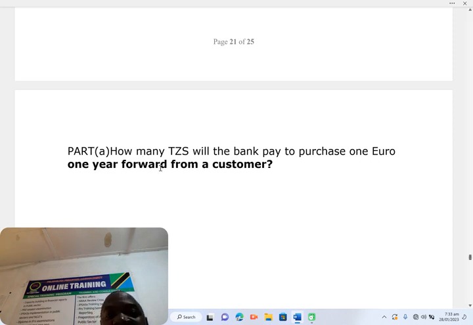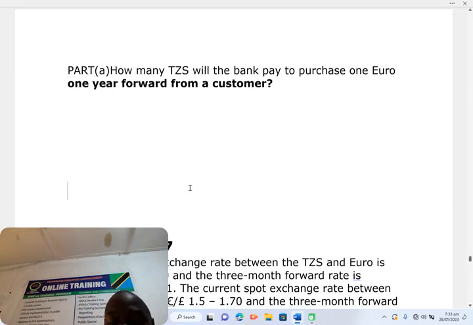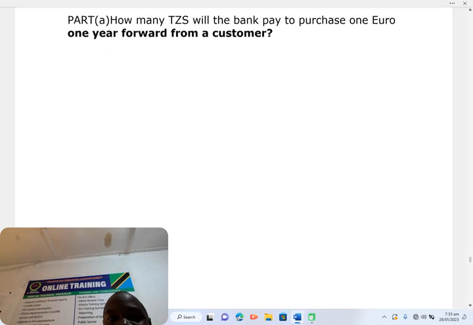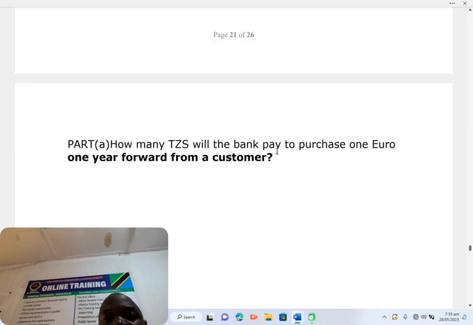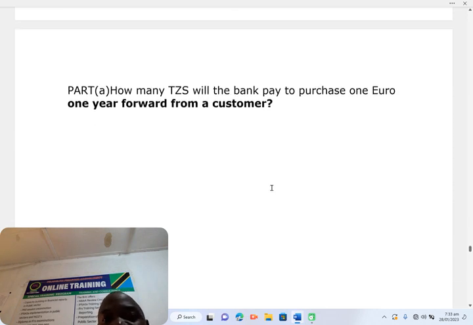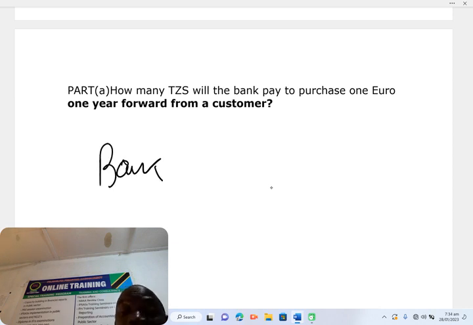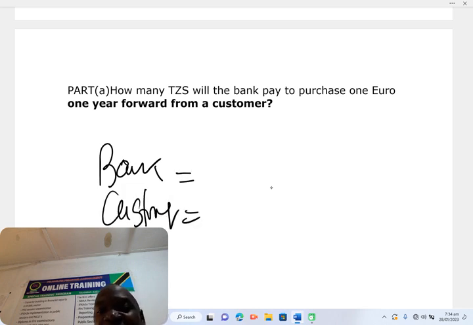So what he's looking at here, first of all, let me put the idea. How many Tanzanian shillings will the bank pay? So the bank is paying. So here we have bank, and also we have a customer. Do you see?